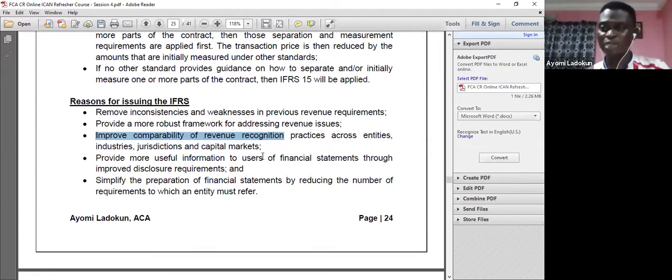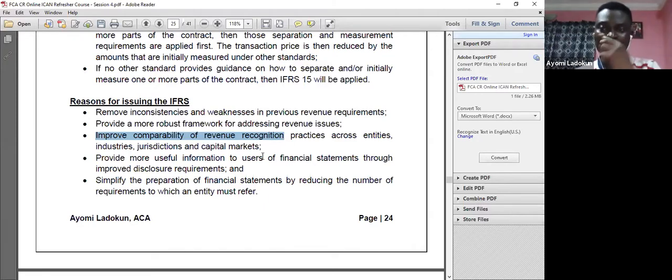Improve comparability. Under IAS 18, entities used different approaches to revenue recognition. For example, let's say you are a product-based company. Some companies will recognize revenue when goods have been invoiced.